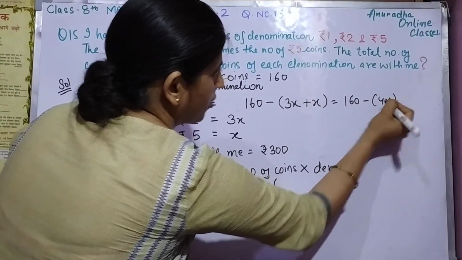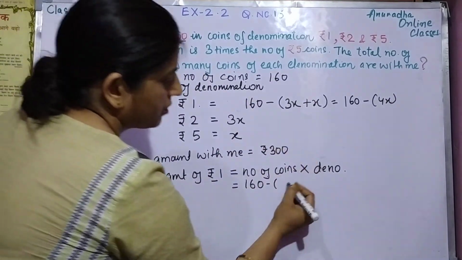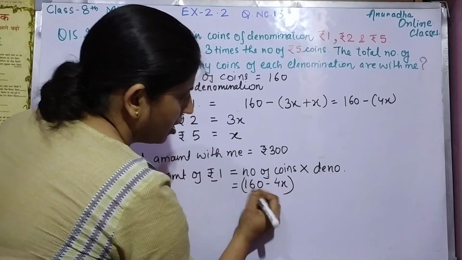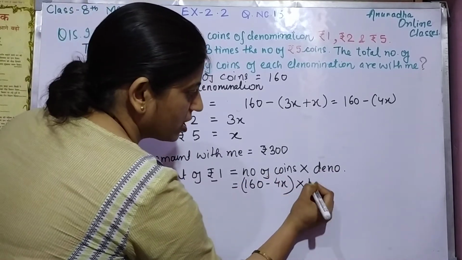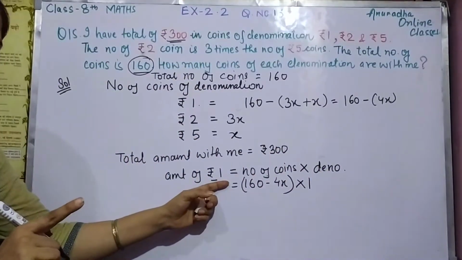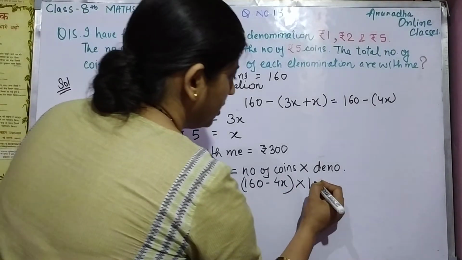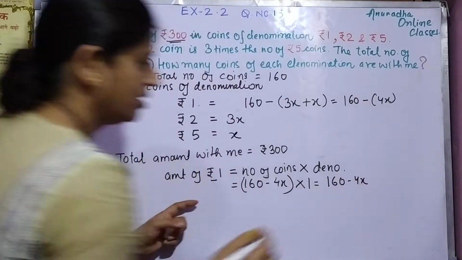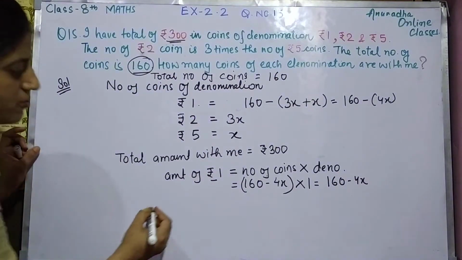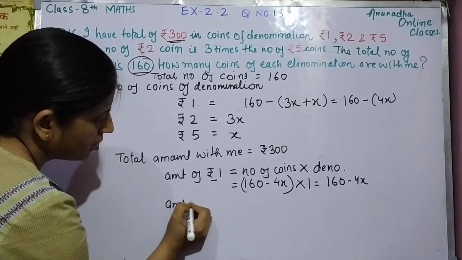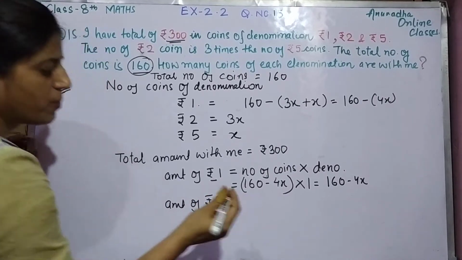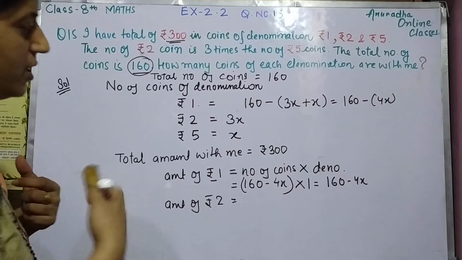You'll get 4x. ये number of coins हो गए. Denomination कितना है? 1 rupee coin है, तो 1 denomination हो गया. That is equal to 160 minus 4x. Right? Now see the next one. Amount of ₹2 rupees वाला मेरे पास total कितना amount है? Let's see.